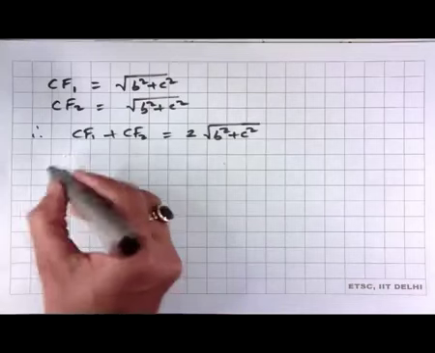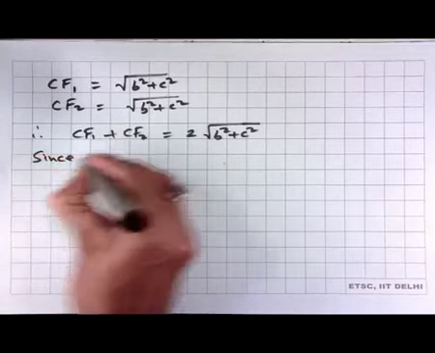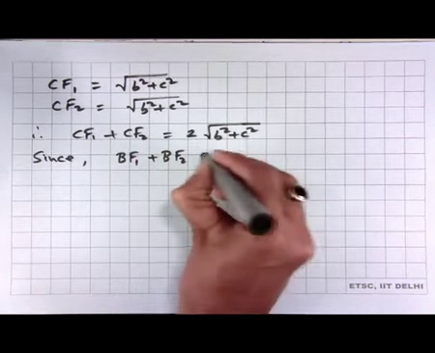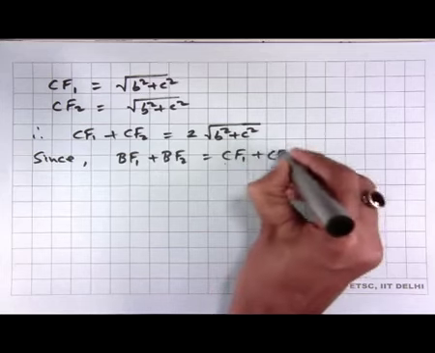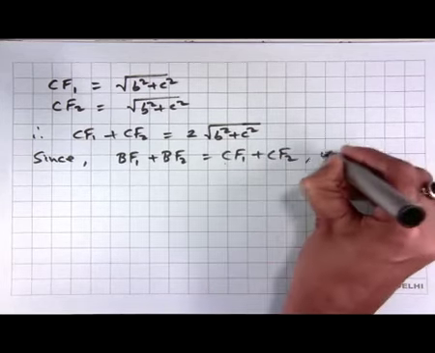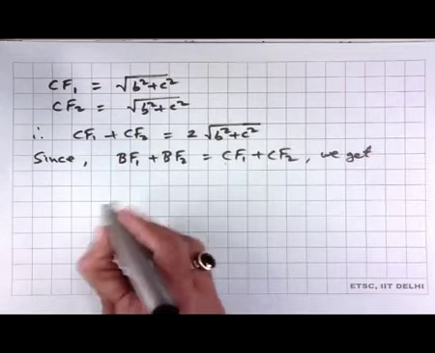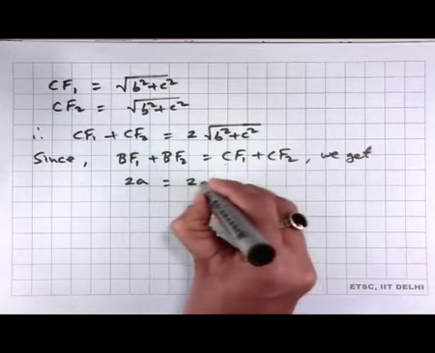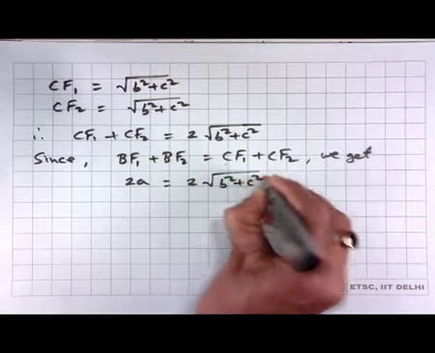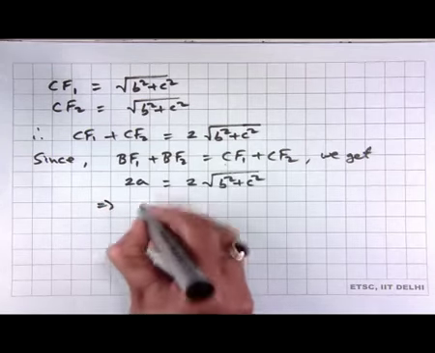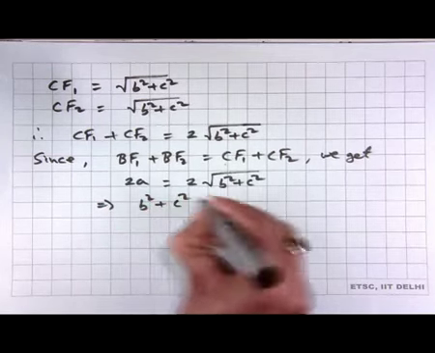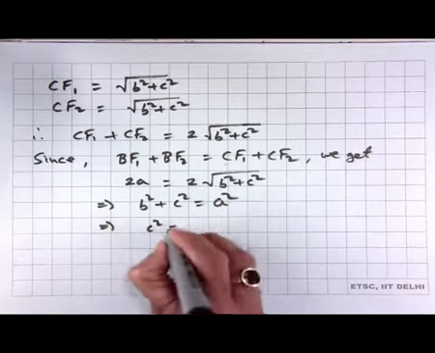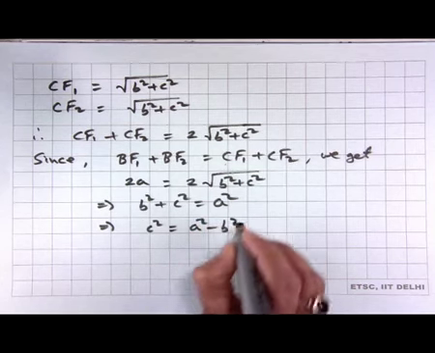So, since BF1 plus BF2 should be equal to CF1 plus CF2, we get 2a equal to 2 times the square root of b square plus c square, which implies b square plus c square equal to a square, or c square is a square minus b square.